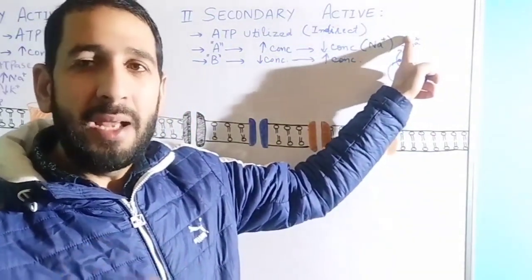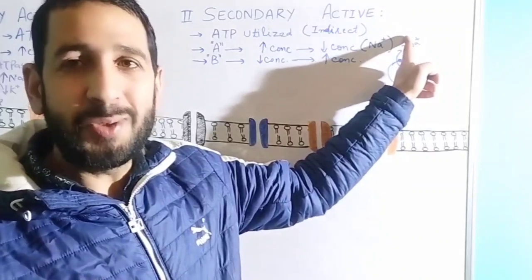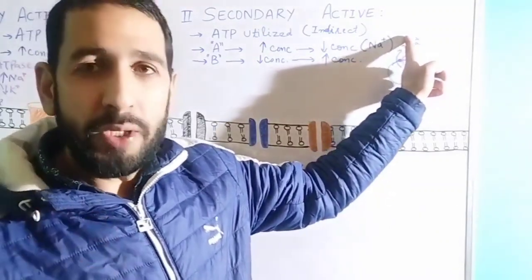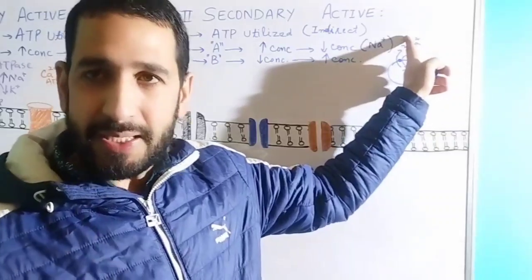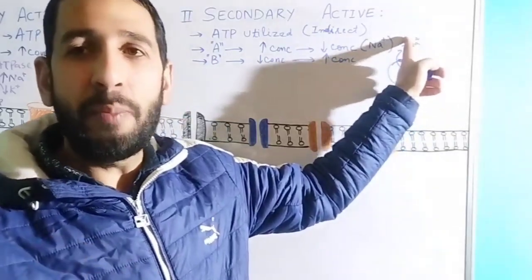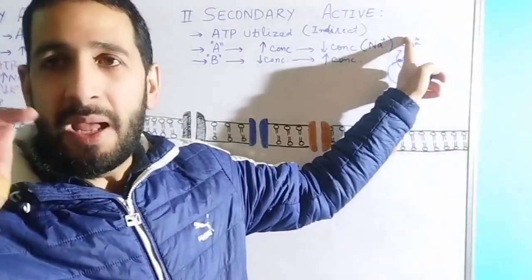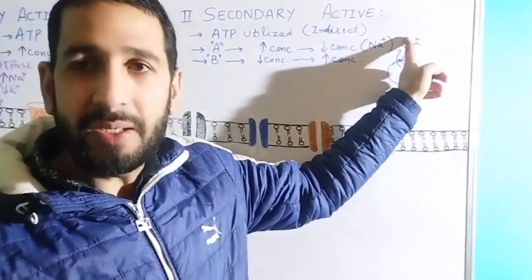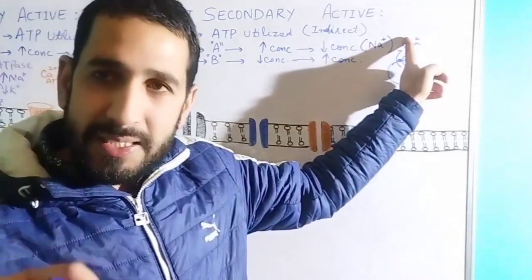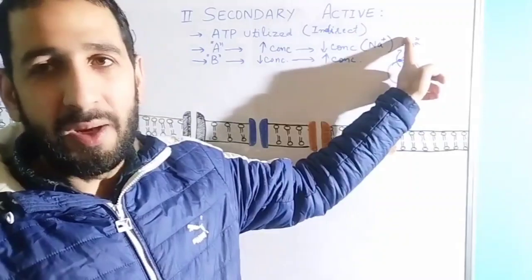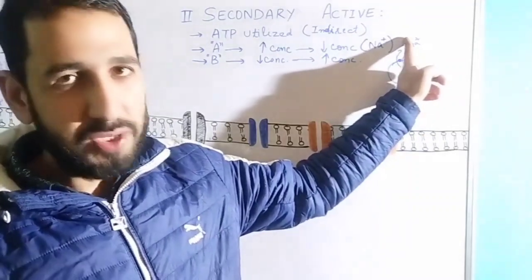Inside of the cell, the sodium concentration is going to be decreased, because the pump is continuously sending 3 sodium ions out of the cell, making the sodium concentration inside of the cell very low as compared to outside of the cell.